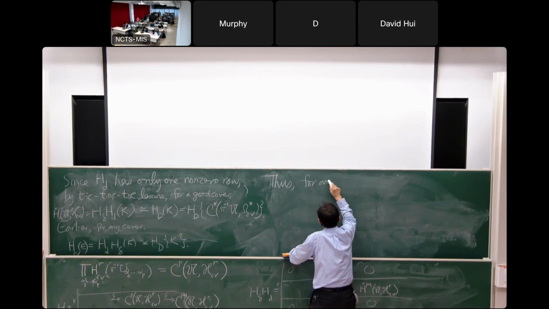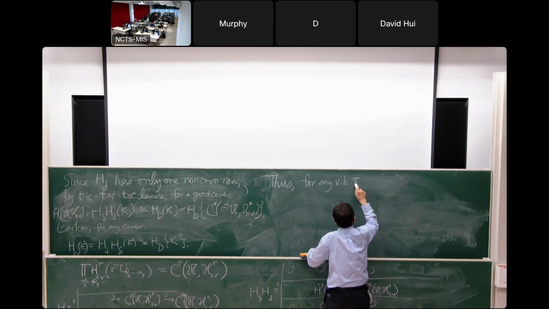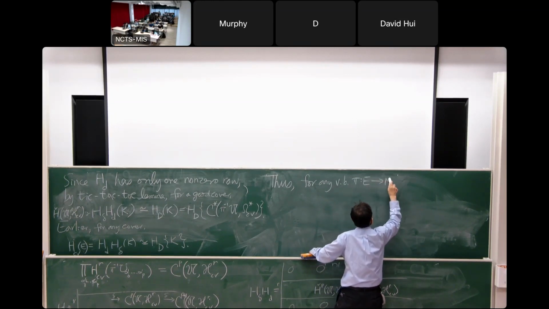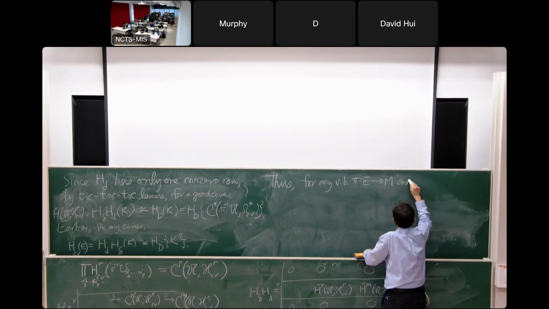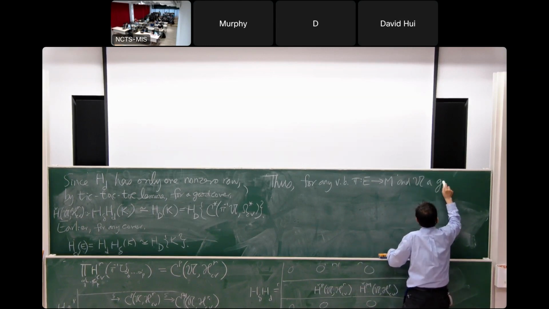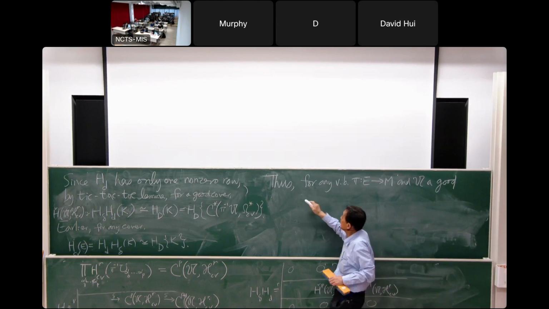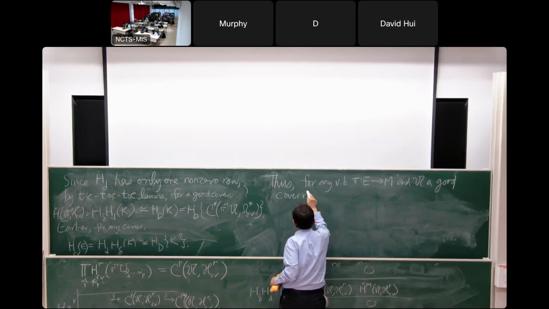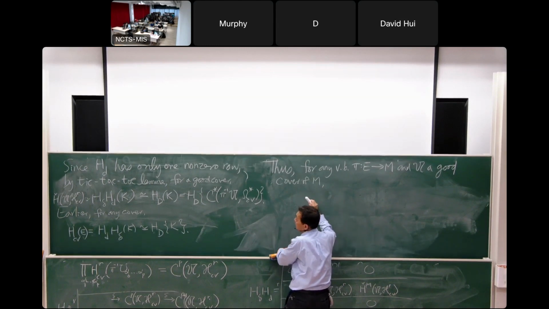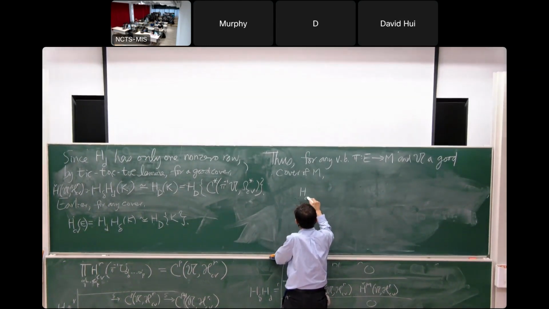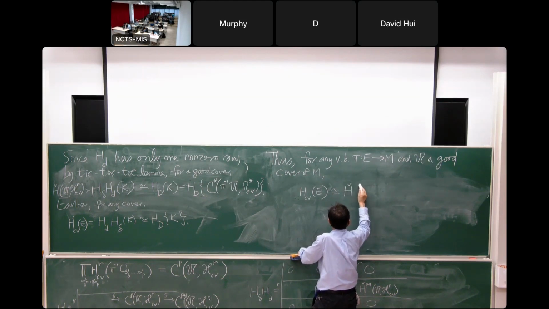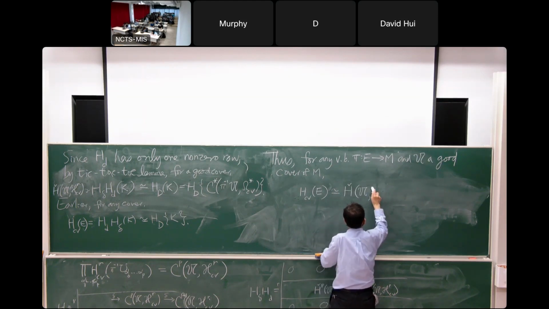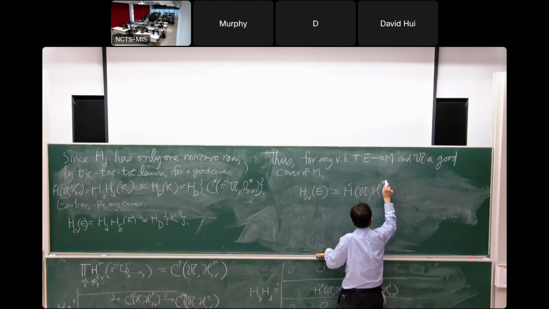For any vector bundle E over M, and U a good cover of M, the cohomology with compact vertical support of E is isomorphic to the Čech cohomology of the open cover with coefficients in this pre-sheaf.